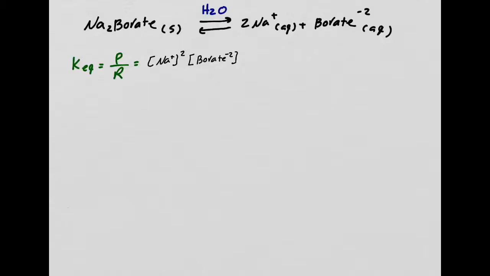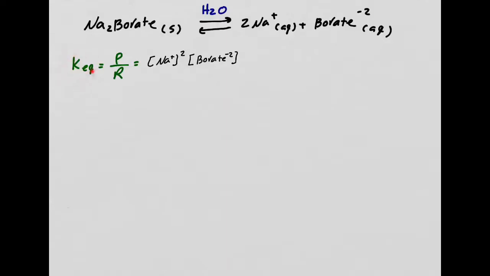Over, so it's product over reactant. What is my reactant? Sodium borate, which is a solid. Remember what we talked about: when you have a solid, the concentration does not change. So we do not include solid in an equilibrium constant equation.